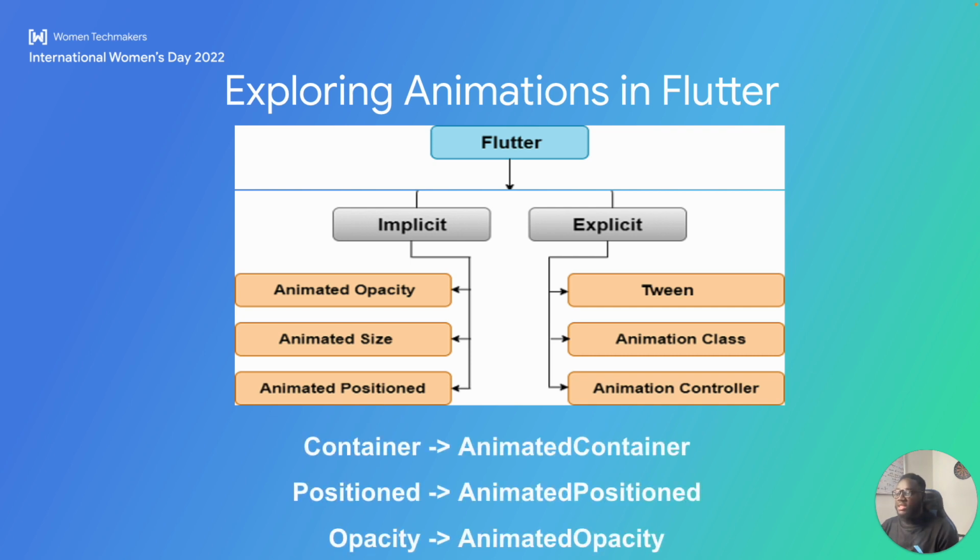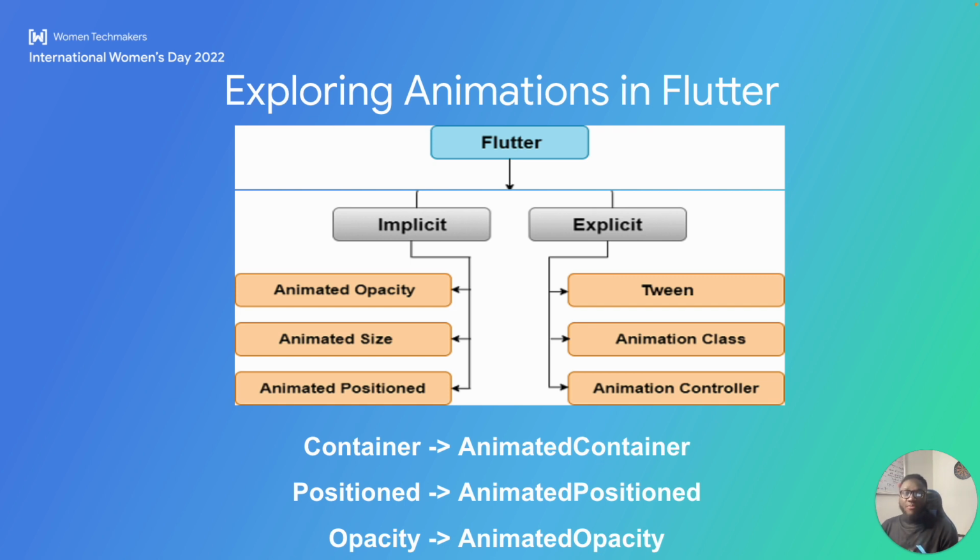For the implicit, since there are a series of widgets that have animated versions, for example, a container widget, you just have to change the name to animated container, position to animated position. The explicit gives us more customization and control over the rebuild of our widgets.